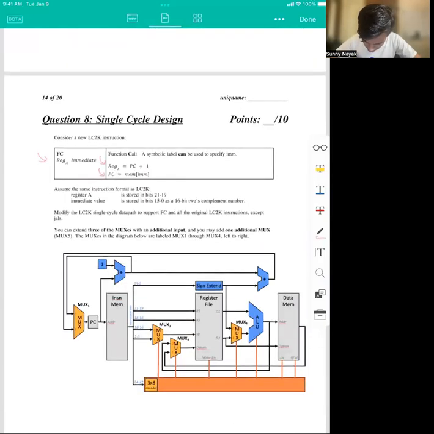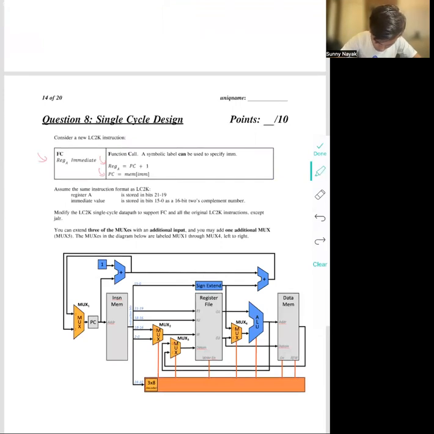The way I like to go about these questions is to look at the pseudocode for what each of these operations specifies and then modify the architecture accordingly. The first thing I notice in this first part is that we're going to need to assign something to register A, so we're going to have to write to a register.